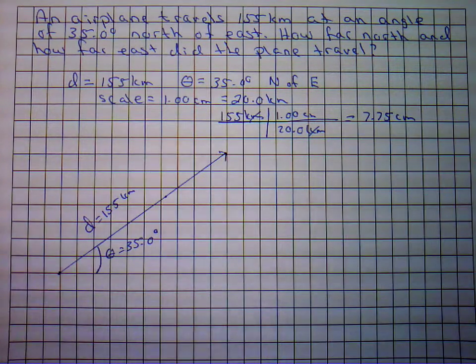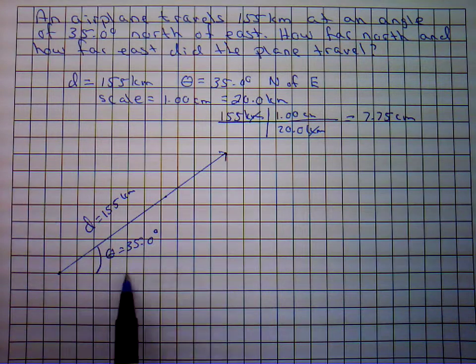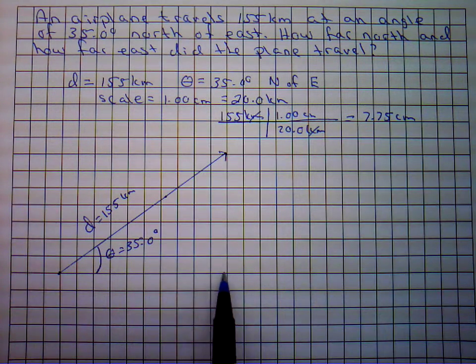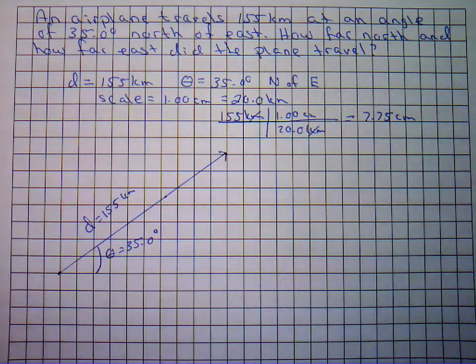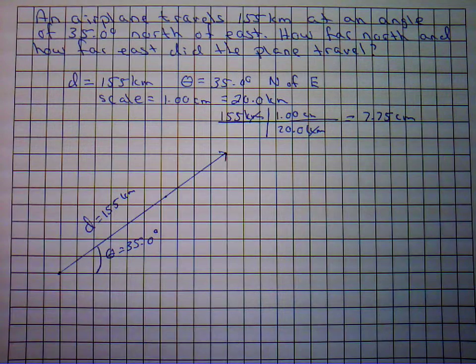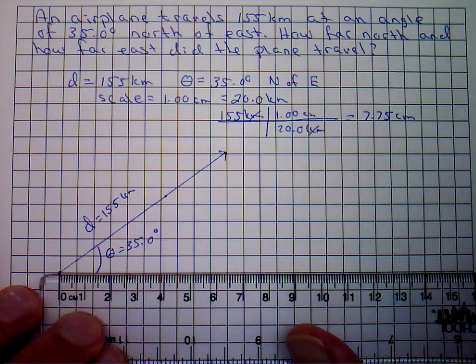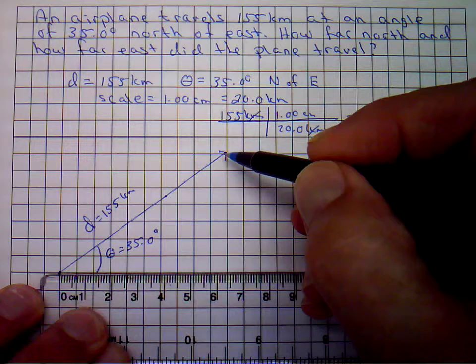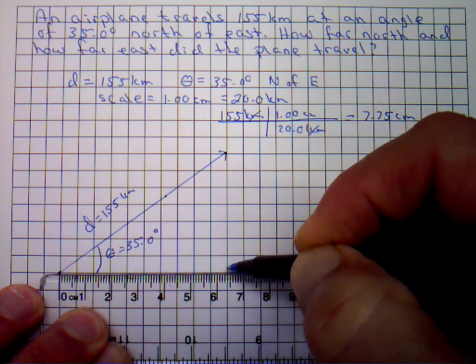Now what we want to do is break this vector that's at an angle into its x component, which in this case is the east component, and its y component, or its north component. The way we do that, we take our ruler and put it along the x-axis. We're going to draw a vector due east to represent the east vector, and we're going to estimate as best we can where that x vector will end up, right about here.